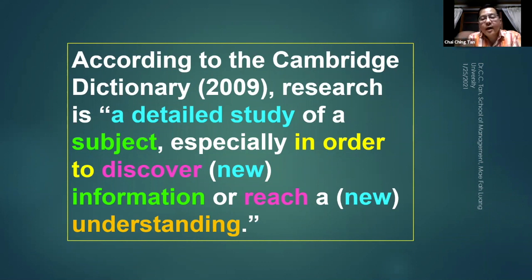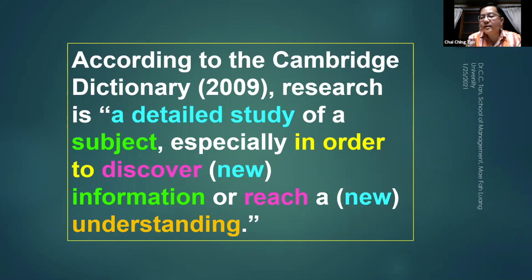Research, according to the Cambridge Dictionary, again, is similar to most of the teachers, and it's a detailed study of a subject and a phenomena. As I told you, any subject, you study a whole bunch of subjects in your bachelor degree, or in a PhD degree or in a master's degree, get into the detail. It's not the simple, straightforward, on the surface understanding. You gotta get into the detail. How do you get into the systematic? Data, theory, understanding what is going on.